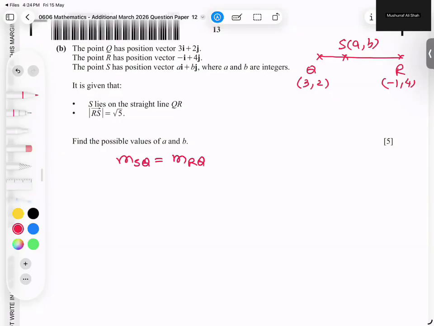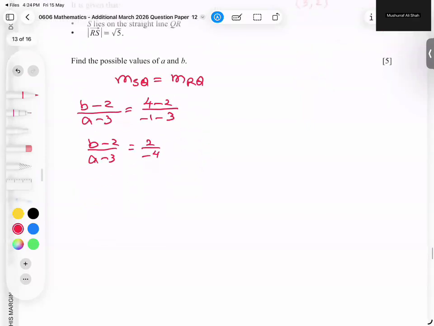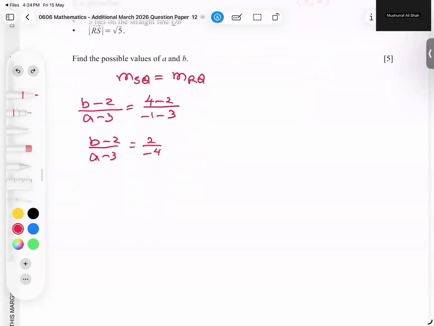So I'm finding y2 minus y1 over x2 minus x1. So now y2 minus y1 over x2 minus x1. And I'm getting here 2 over negative 4. This becomes negative half.